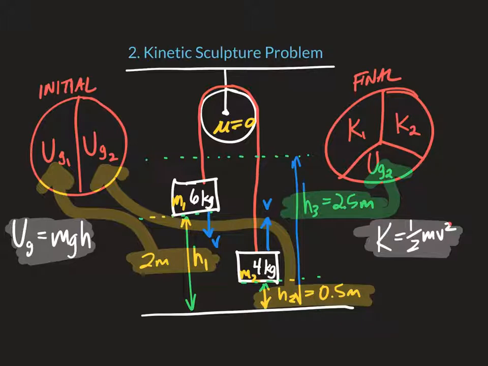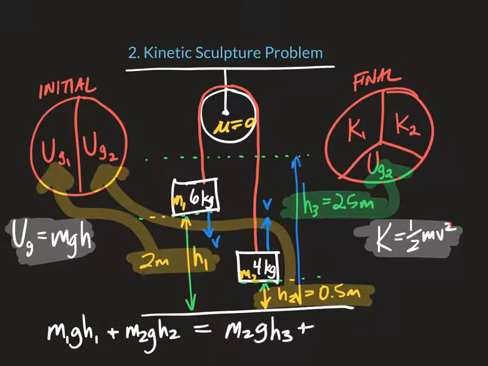So hopefully you wrote an initial energy balance that should have been something like M1 G H1 plus M2 G H2, and that would equal M2 G H3 plus half M1 V squared plus half M2 V squared.